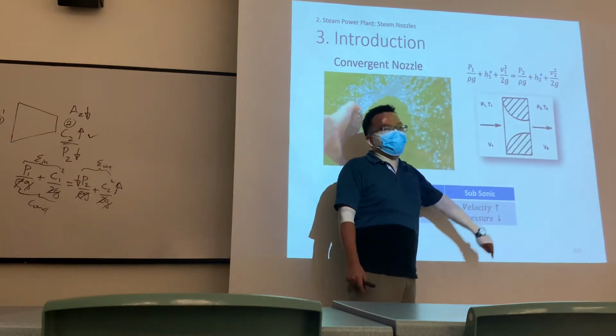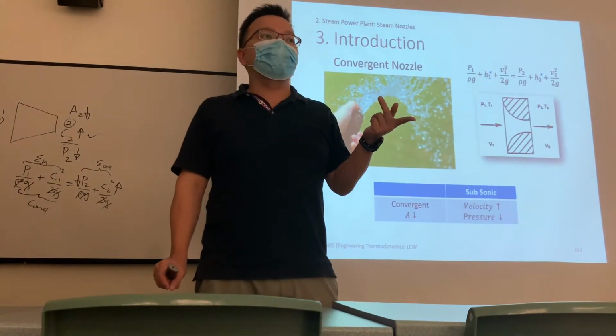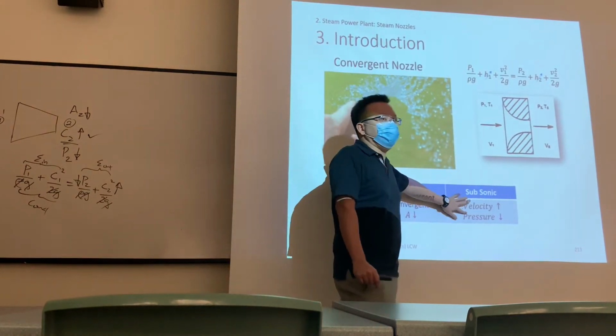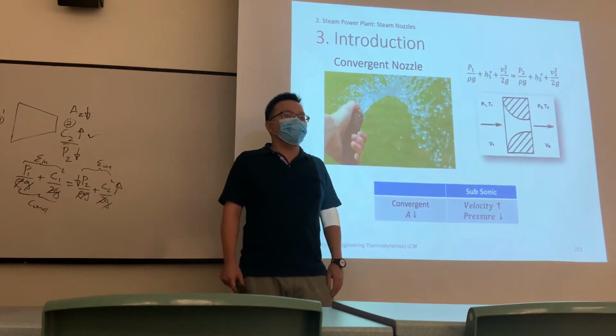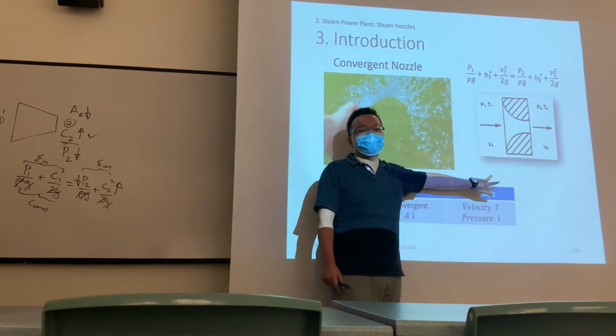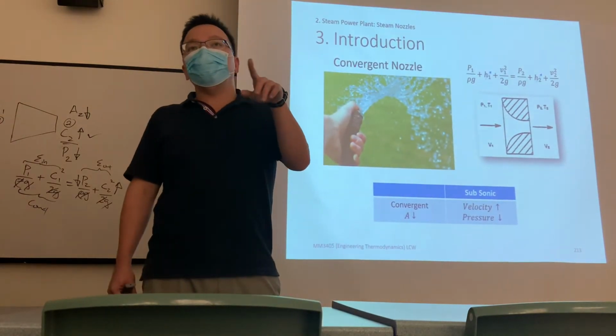Velocity and pressure are always opposite. So there will be no scenario whereby your pressure and velocity both increase together. If the pressure goes up, the velocity confirm goes down. All clear this part? Anyone got any problem here?